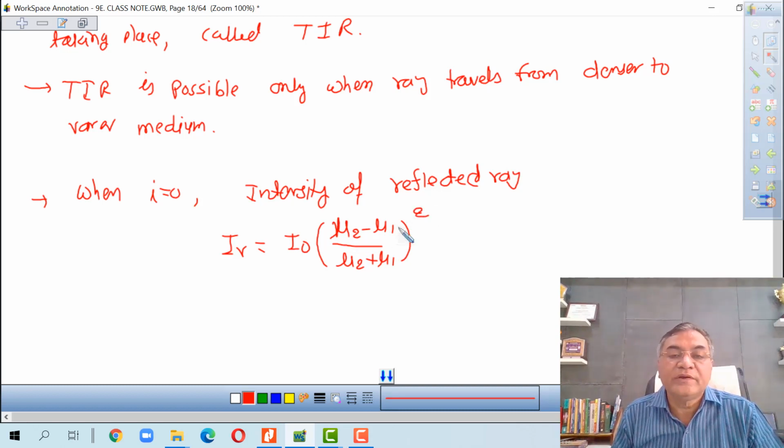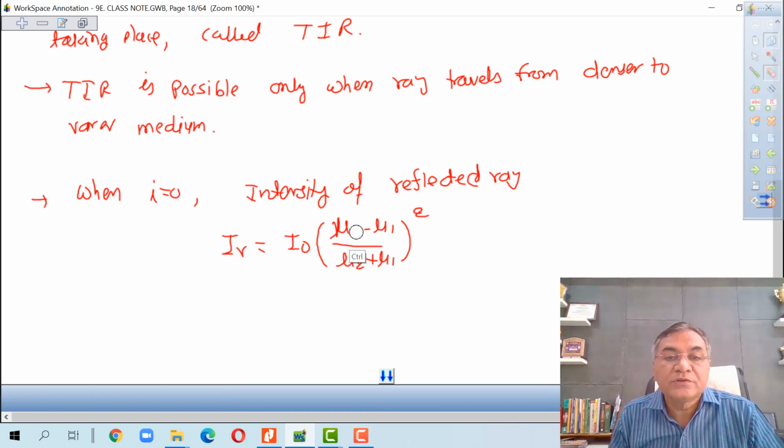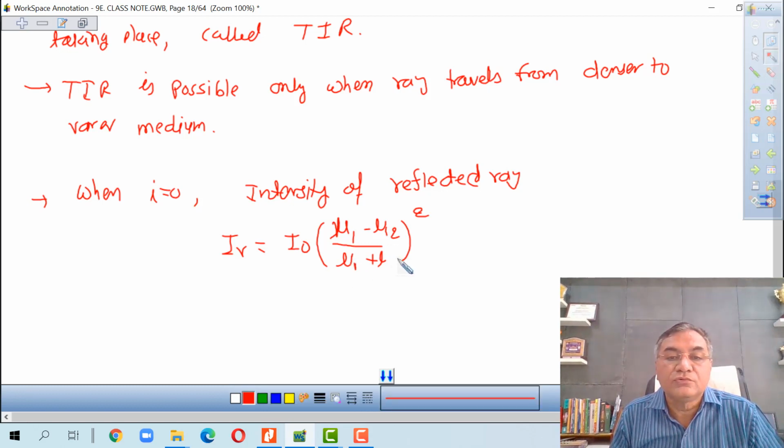You can take mu 1 minus mu 2 square, there is no problem at all. Okay, and then I take mu 1 here and mu 2, no problem. So this is the intensity of reflected light.